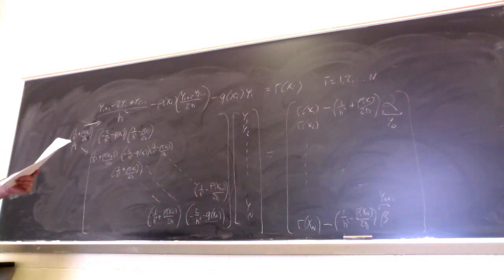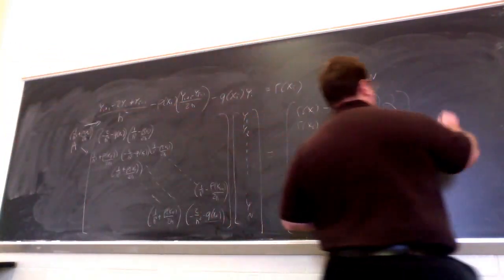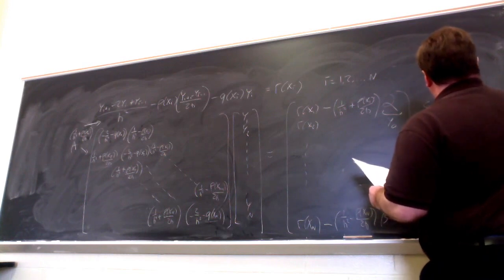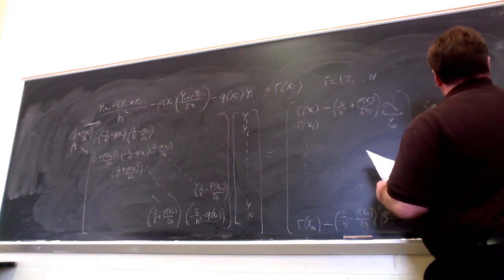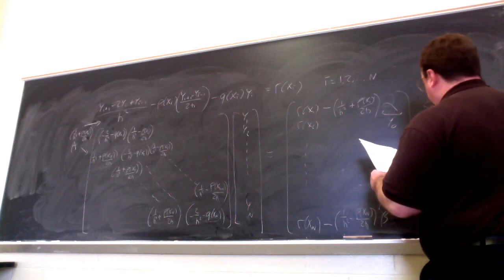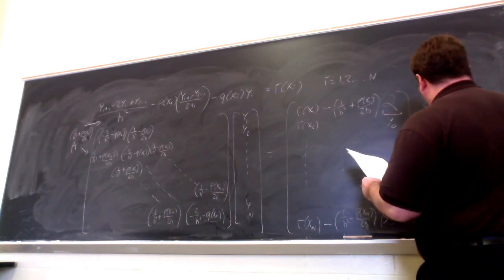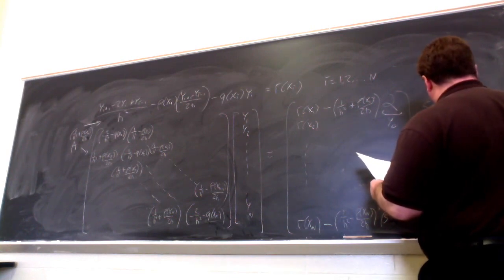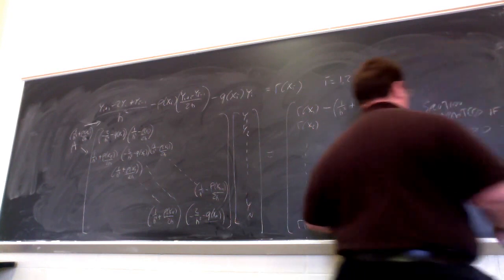I should mention that there are conditions on guaranteeing a unique solution based on your spacing h. A solution is guaranteed if q of x is non-negative and h is less than 2 over L, where L is an upper bound on p of x.